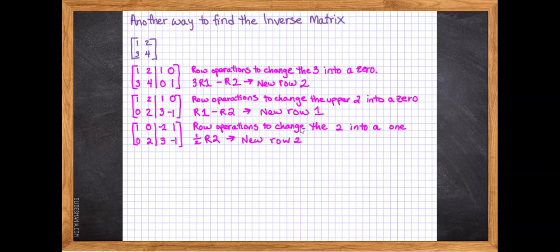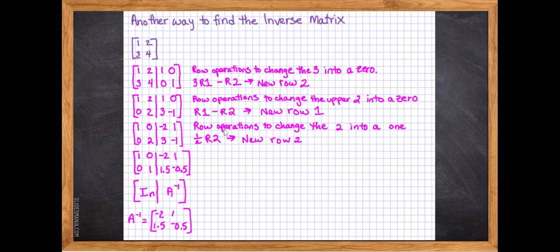Next, I'm going to use row operations to change the 2 in the bottom right corner here into a 1. So I'm going to take this row 2 and divide it by 2, or multiply by 1/2, to get my new row 2. Now I see the identity matrix over here on the left side, and this is the same inverse matrix that we got using the formula previously: negative 2, 1, 1.5, negative 0.5.